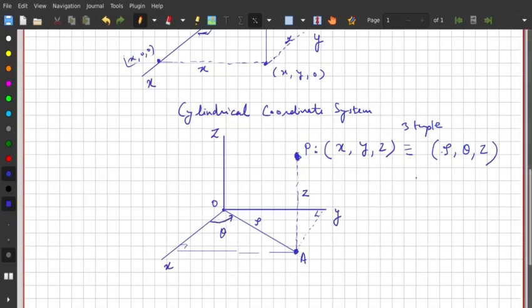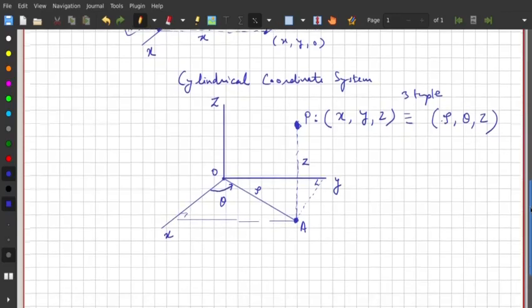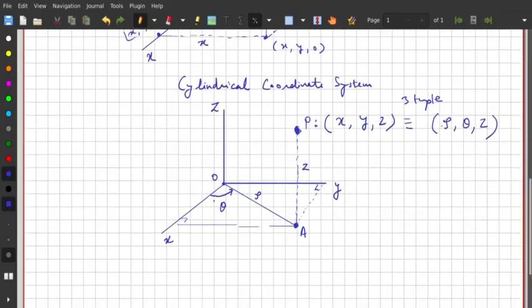Okay, so that's a cylindrical coordinate system, and you can see from this triangle OAB, we can write the relationship between the Cartesian and the cylindrical coordinates.